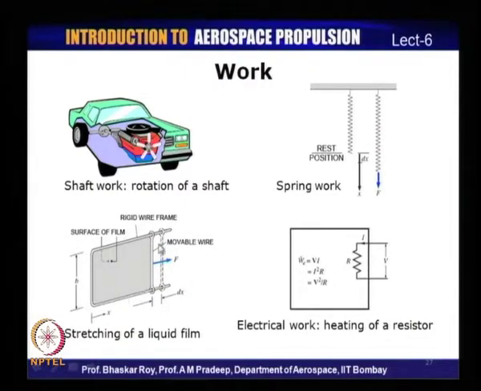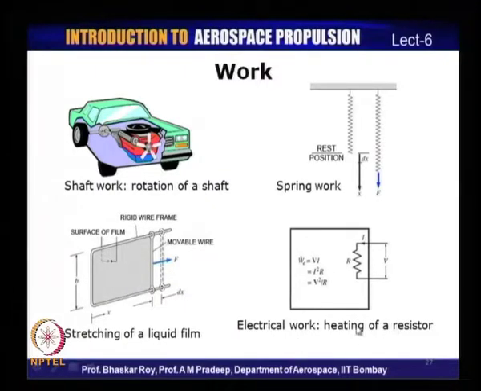Then, stretching of a liquid film, that is, if you were to have a liquid film which is held between, let us say, a rigid wire frame and a movable wire. So, there is a surface of film which is formed in between the rigid wire frame and the movable wire. As you move the wire, it causes stretching of the liquid film here. So, the work done during this process is also another mode of work interaction.